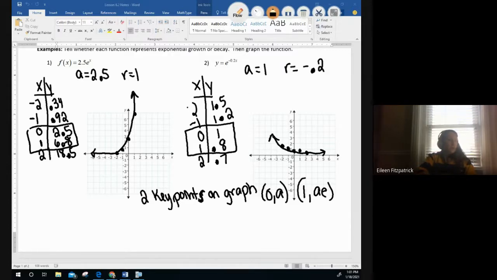If I take my A value and multiply by E, that's going to give me 6.8. If I take E and multiply by 1, that's going to give me 0.8. So that would be 2 key points for graphing purposes. All right, let's move on.